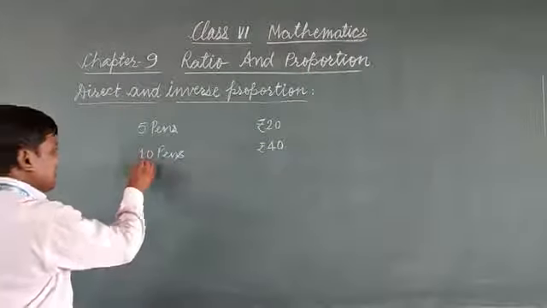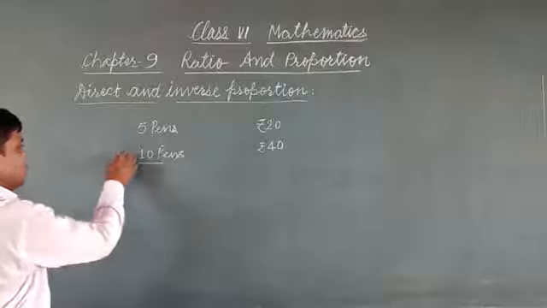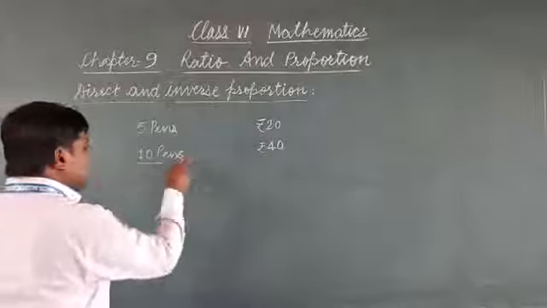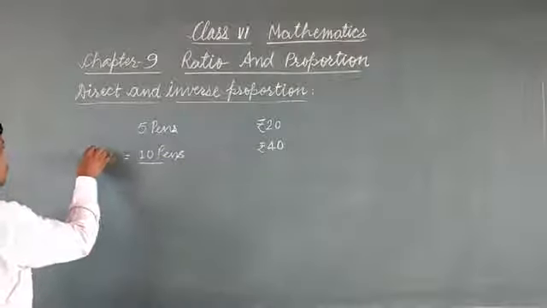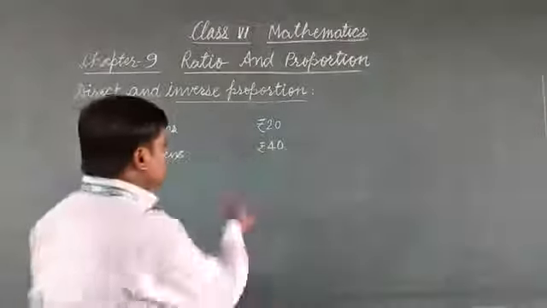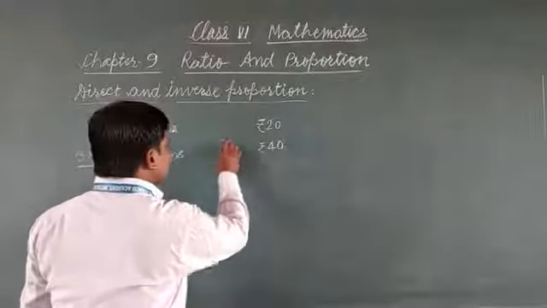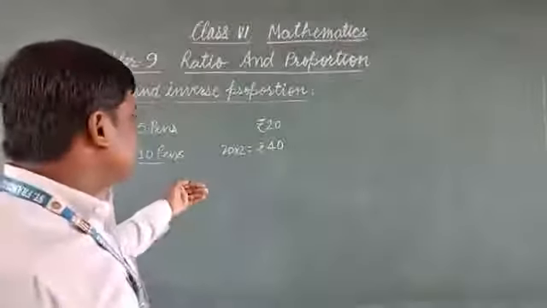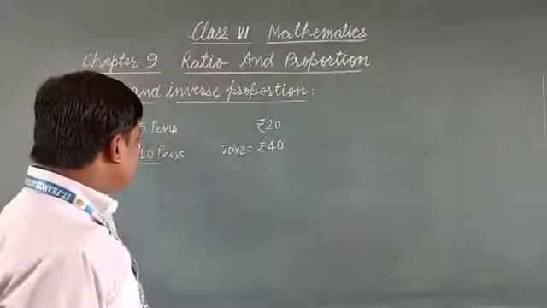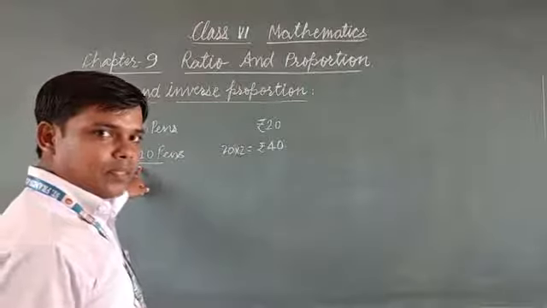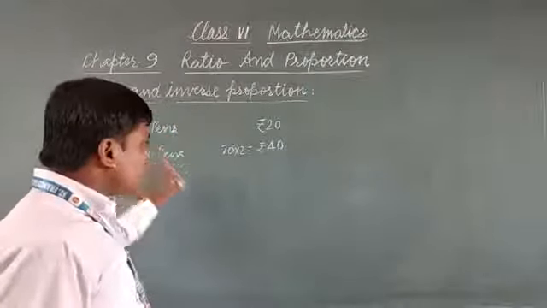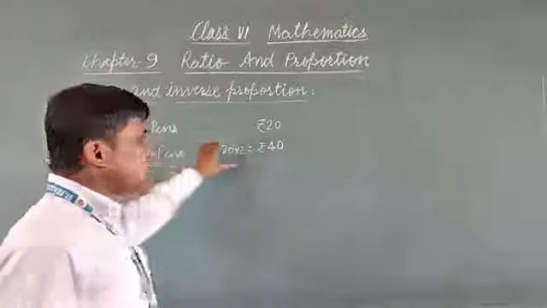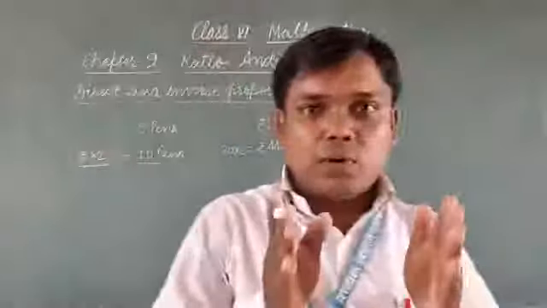The number of pens increased by 2 times, 5 into 2, 10 pens, and the cost also increased by 2 times, 20 into 2, 40 rupees. So we can say here there is an increase in one quantity and a corresponding increase in another quantity. So it is an example of direct proportion.